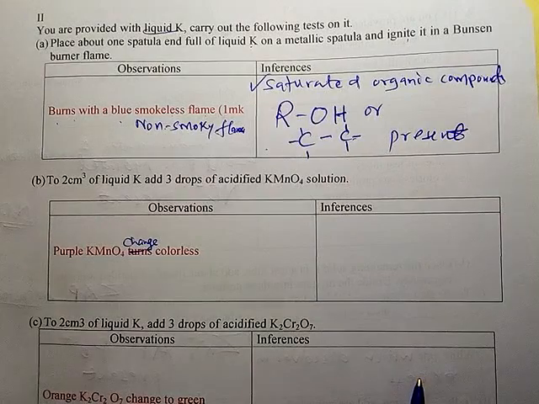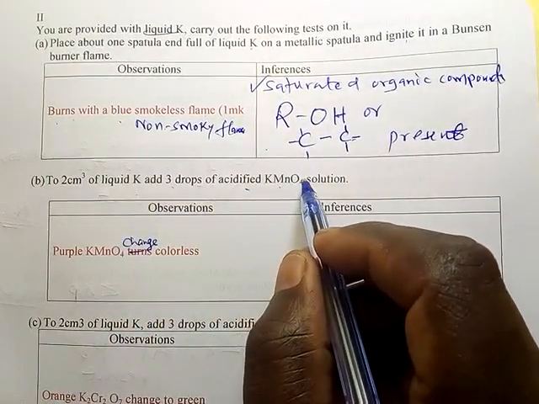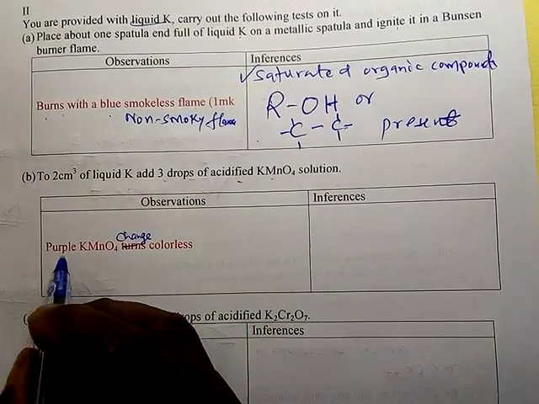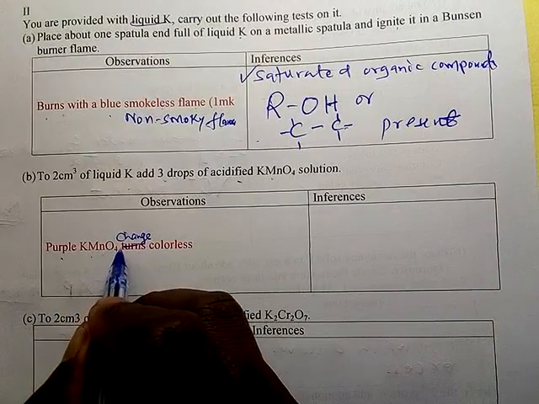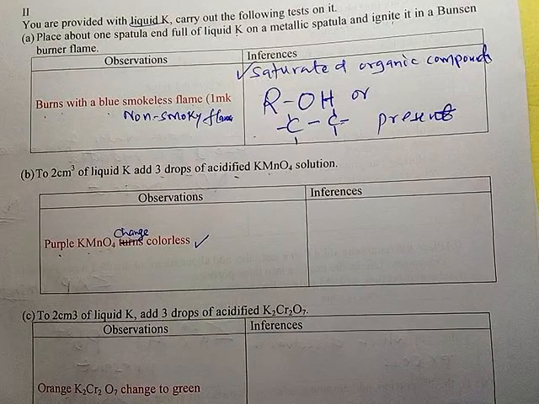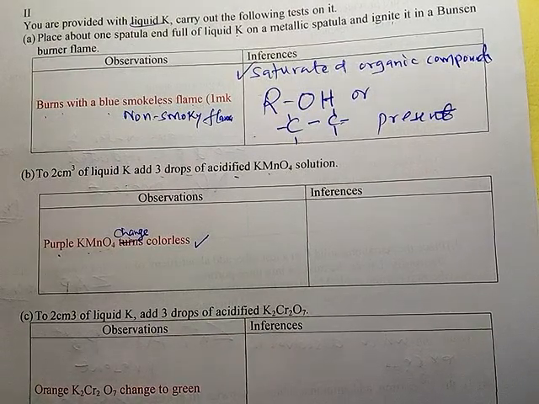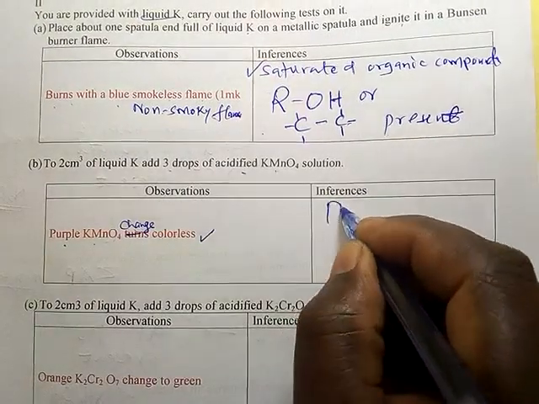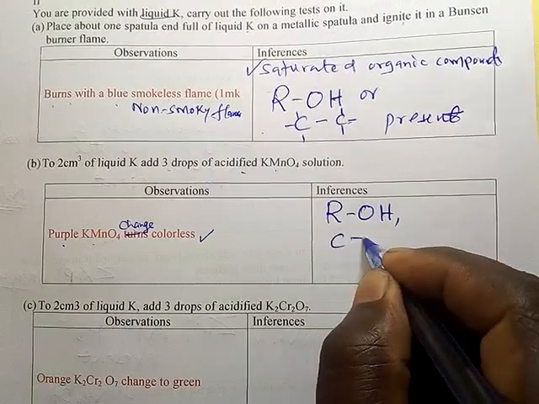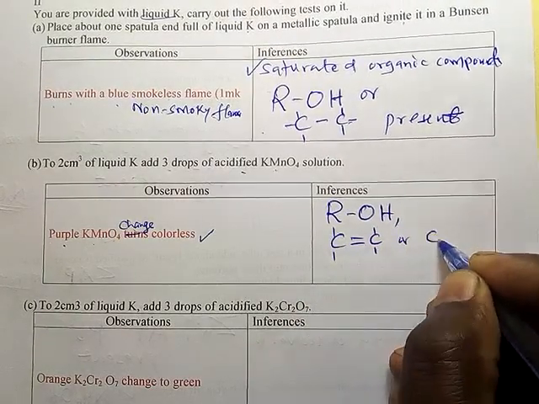To the second portion, add 3 drops of acidified potassium permanganate 7. So here the observation is that the purple potassium permanganate changes to colorless. So if it changes from purple to colorless, it means that either an alcohol is present or a double bond or a triple bond.